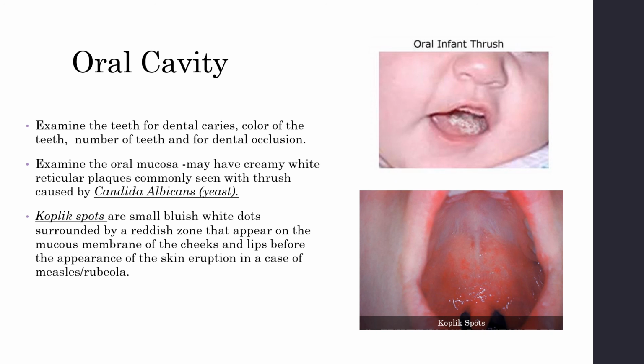So it's a viral infection for measles. More specifically, if they do have these, it looks like a little grain of salt with a little bit of red behind it. But this is often a precursor to the rash that they get with measles. So this would be something to think about if you suspect that condition.